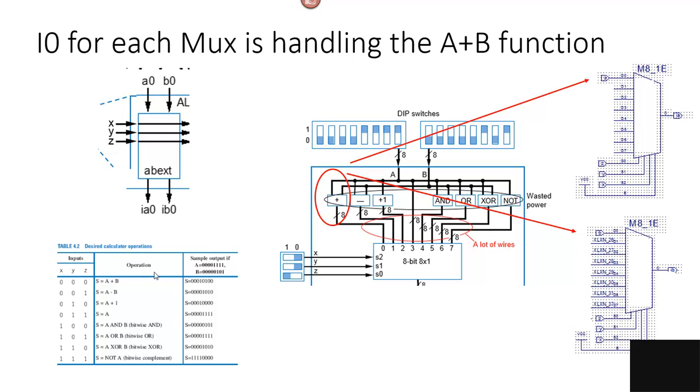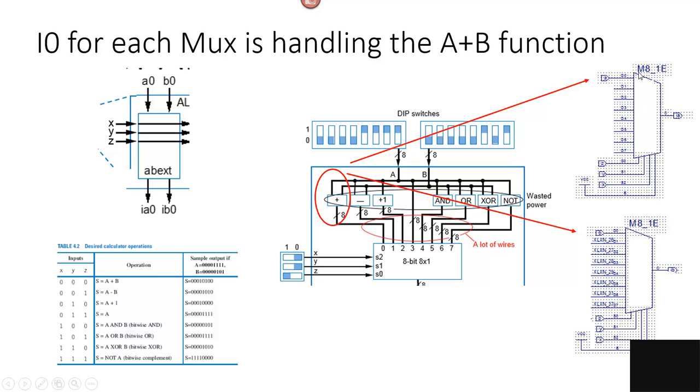Let's just take a look at the addition operation. If X, Y, and Z are all zeros, we want to have A plus B. We are feeding into our extender, for one extender, let's say we're doing A0, we would have A0 going in, we would have B0 going in, and we want to do A plus B.